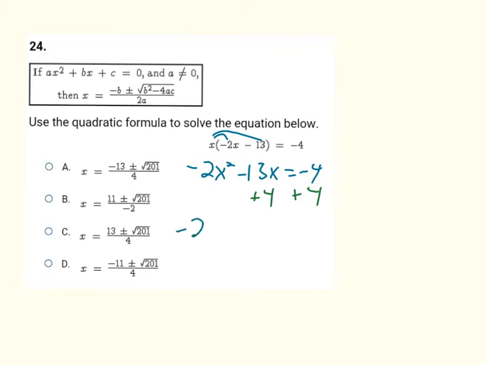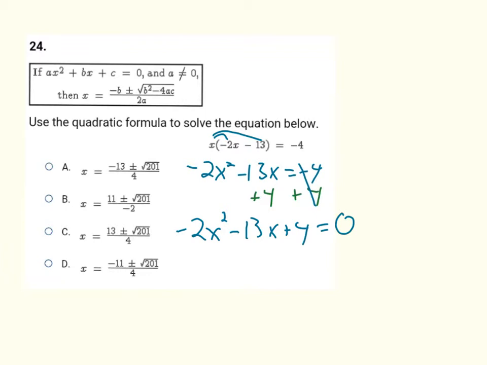And it's going to give me negative 2x squared minus 13x plus 4, and then the 4's cancel on the right side, so it is equal to 0. Which is what I need to use the quadratic equation.